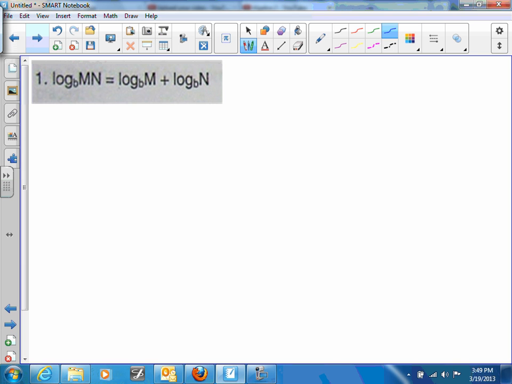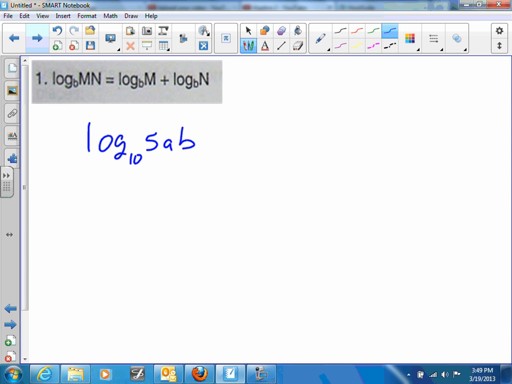Now, if you look at this right here, this was the first one, and we're going to do a couple problems that resemble this. Whenever you multiply terms, you're going to split them apart and make it an addition problem. For instance, if I were to give you this problem here, log base 10 of 5ab.